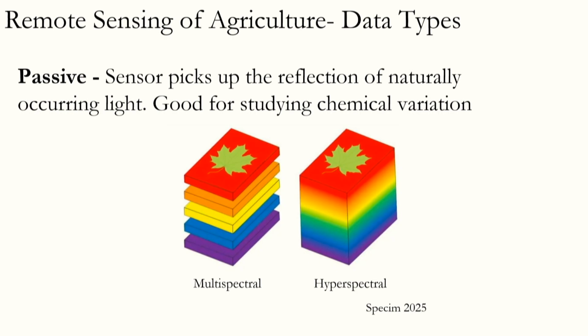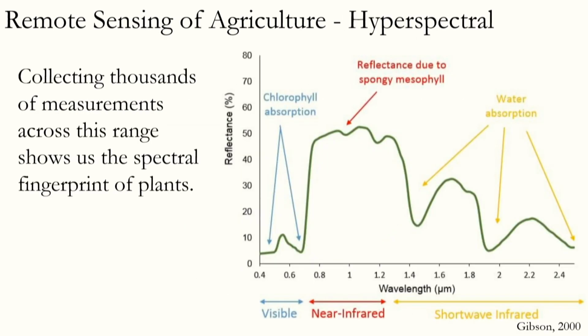And for my degree, I was using these two types of data. And so the first form, being hyperspectral, is essentially the hyperspectral fingerprints of plants. And this is really good for understanding the chemical or molecular composition and variation within plants. So as we know, plants are green because pigments absorb blue and red light and reflect a bit more green light.